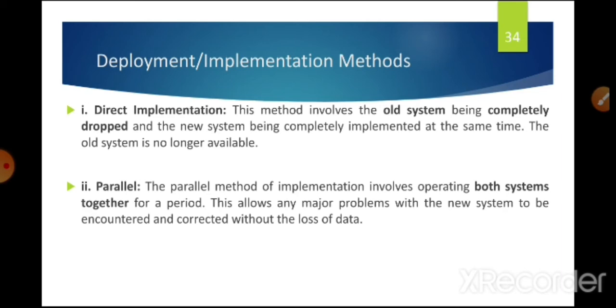This allows any major problems with the new system to be encountered and corrected without the loss of data, because we already have the old system which prevents us from losing data. Usually this method is not considered difficult because both systems are running in parallel. If users are having some errors and problems in the new system, they can definitely use the old system for their regular or routine tasks.